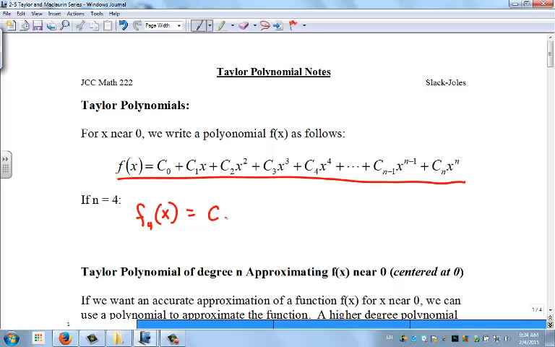So this would be c0 plus c1 times x. C's are constants, right? Plus c2 times x squared plus c3 times x to the third plus c4 times x to the fourth. And it would stop there because that's the fourth degree polynomial. Remember, C just means the first constant, the second constant, the third constant, etc.